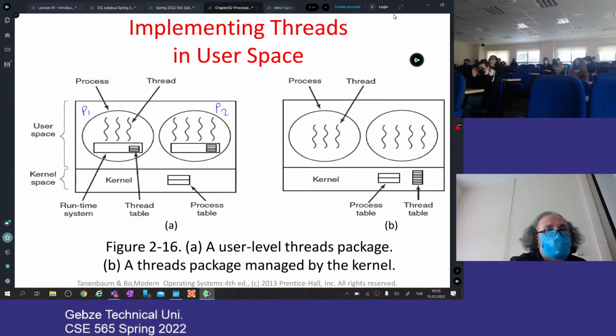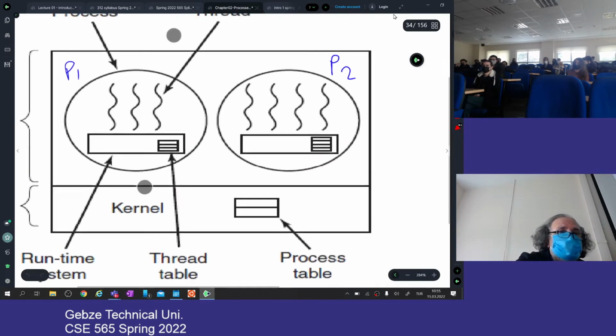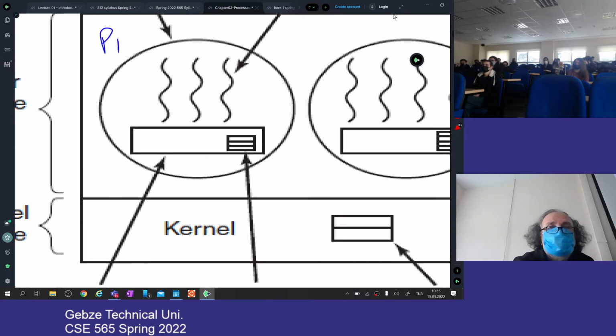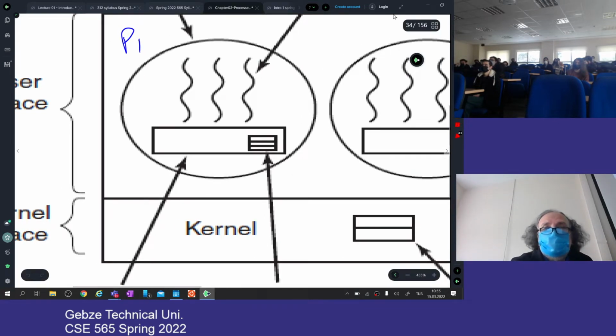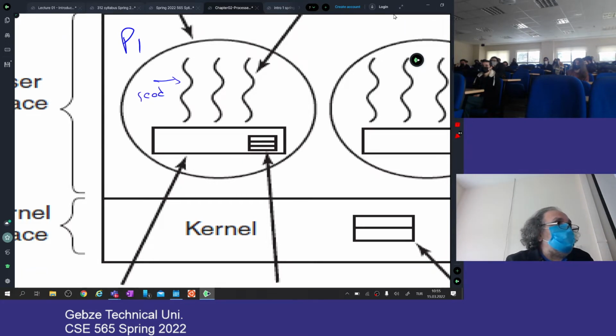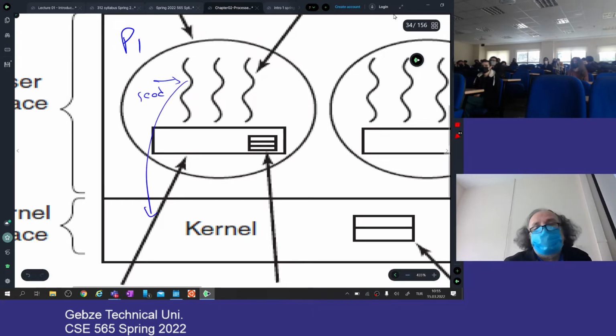But let's say this thread needs to read data from the disk. To read data from the disk, you need to make a system call, right? I made a system call to the kernel, it trapped, and the kernel says okay, I got what you need, I am going to load it from the disk, and I am going to block you because the data is not ready.